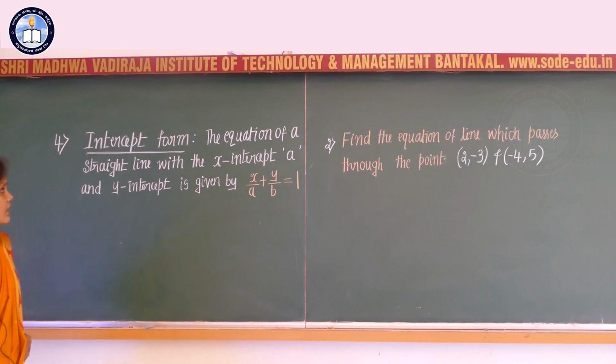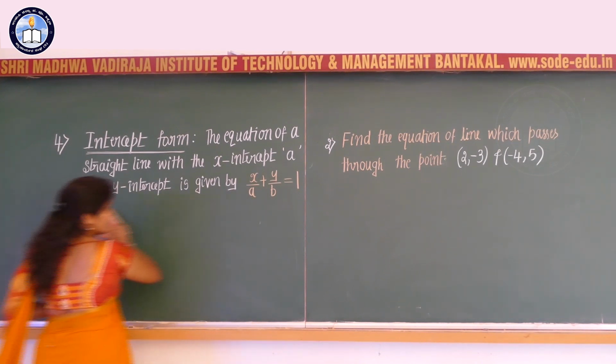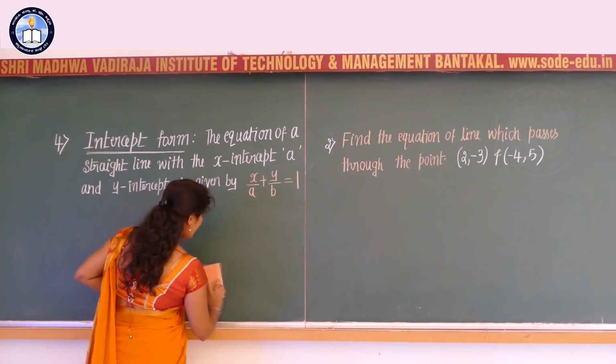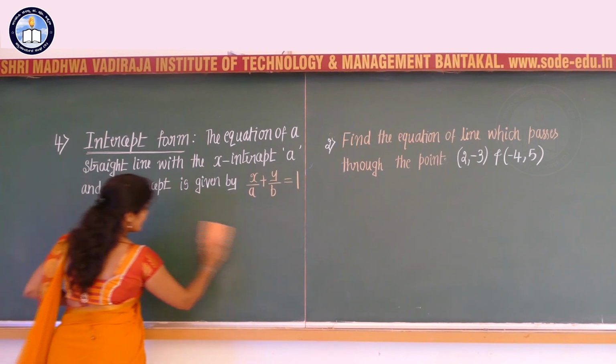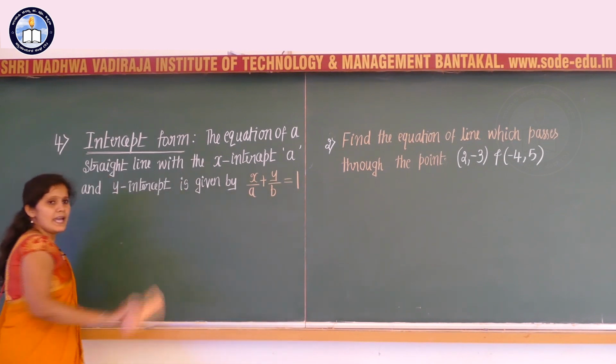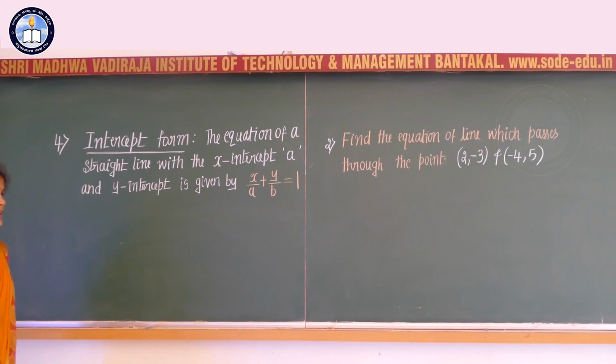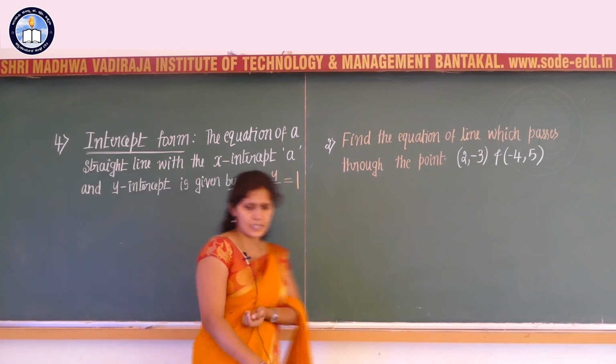Intercept form, that is, the equation of a straight line with the x-intercept A and the y-intercept B is given by the formula x divided by A plus y divided by B is equal to 1.